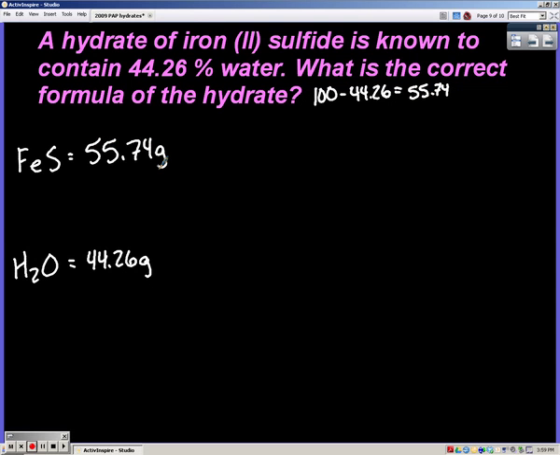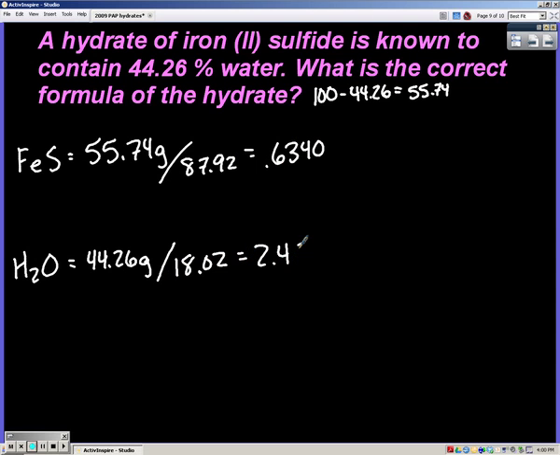Now divide by molar mass. Iron 2 sulfide's molar mass is 87.92, while water's 18.02. Now we're going to divide by smallest, which is 0.6340.